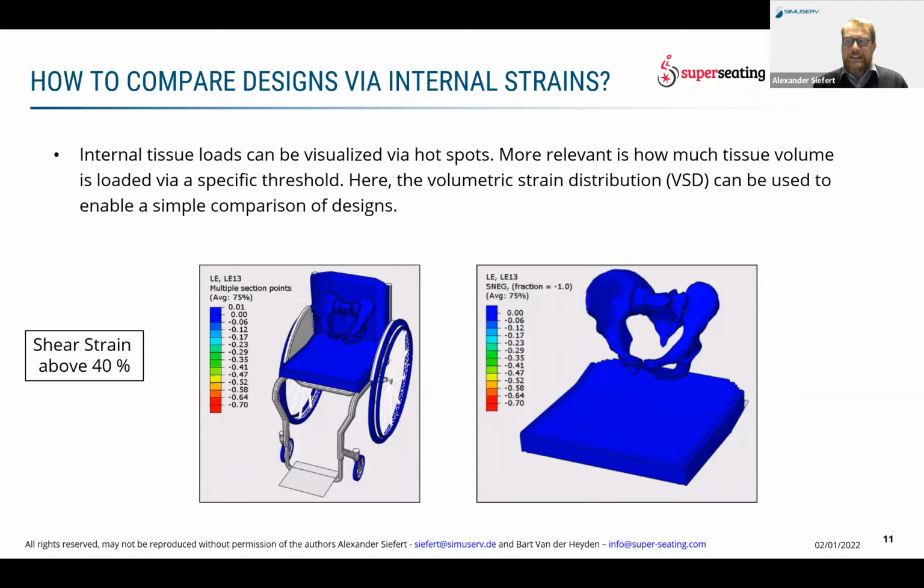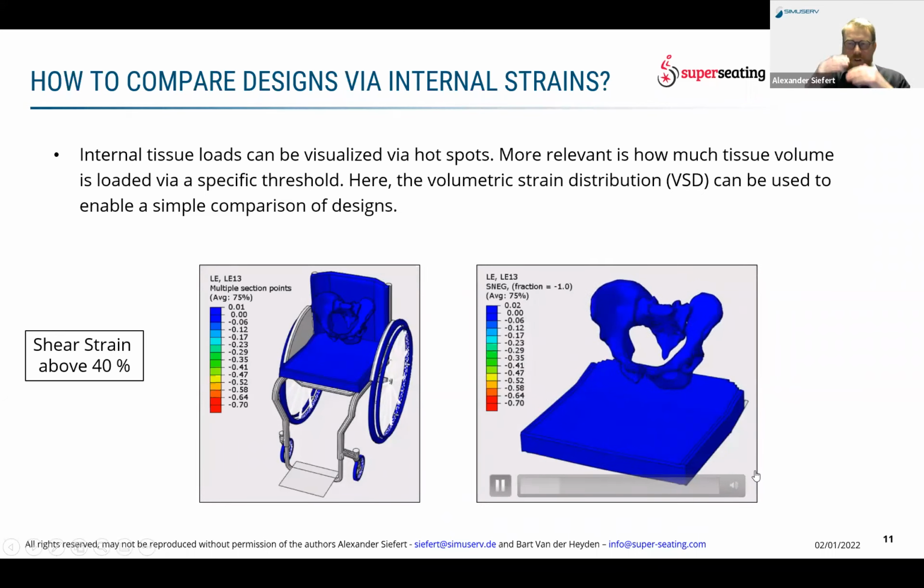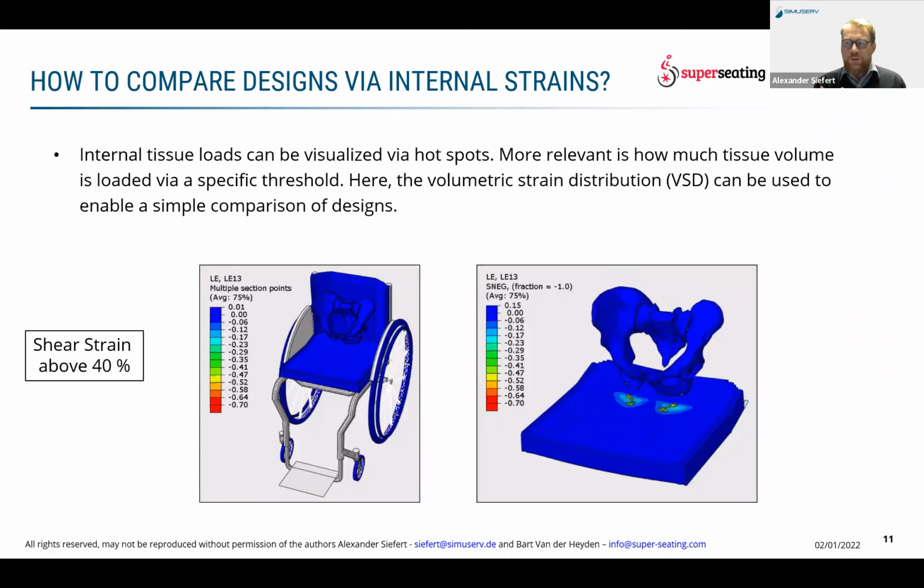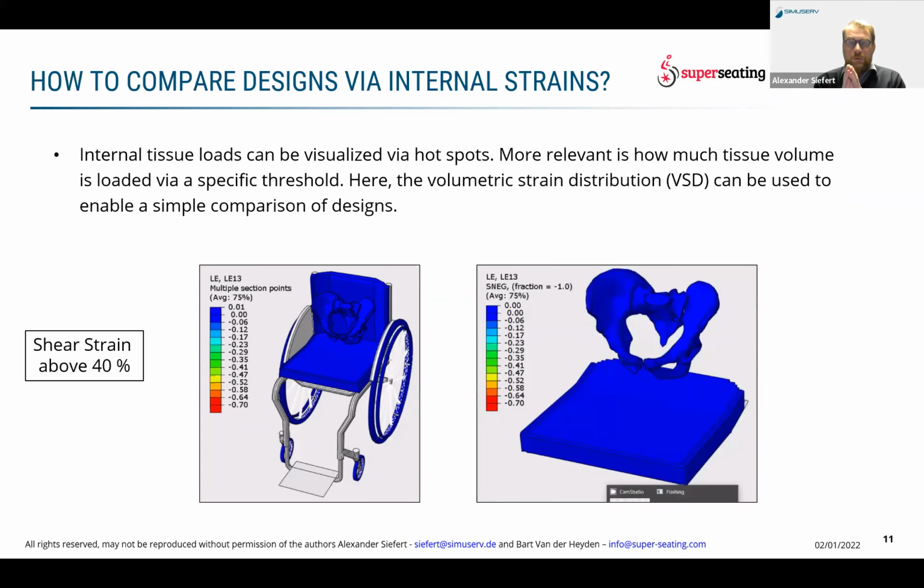At the end, you will see on the right, after applying more gravity load, you get more and more tissue, because here only the tissue above 40% compression is shown. We see more and more tissue in that range. And then, when he has settled down, we can say, for this setup, this amount of the tissue is between a low value and 10% strain, 20, 30, 40, 50, 60, 70.